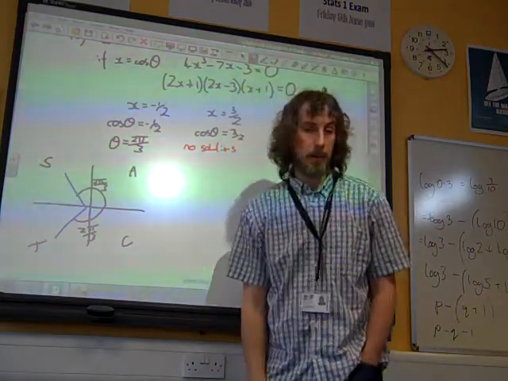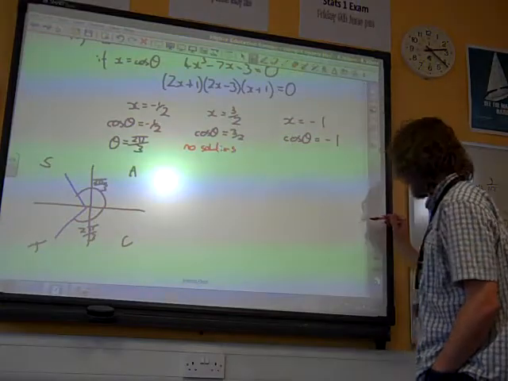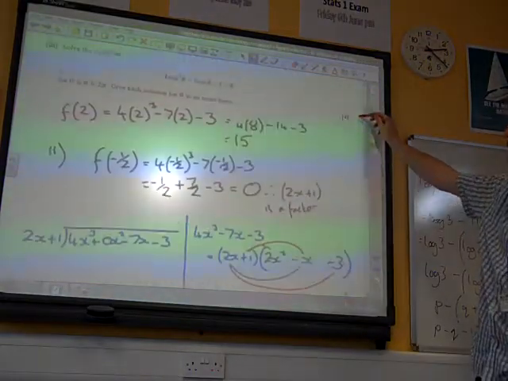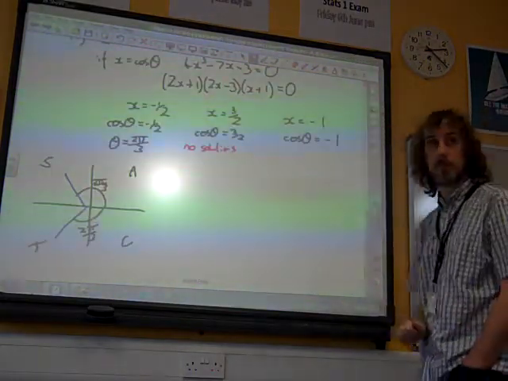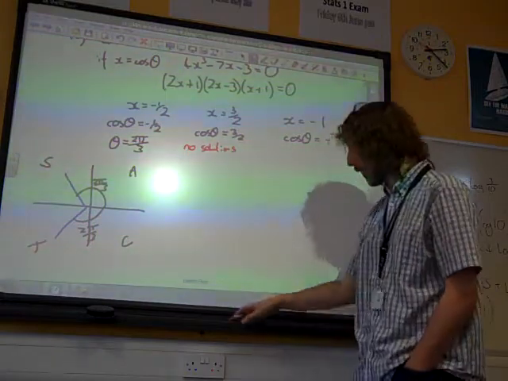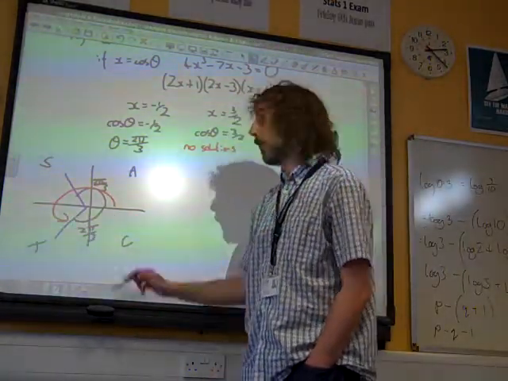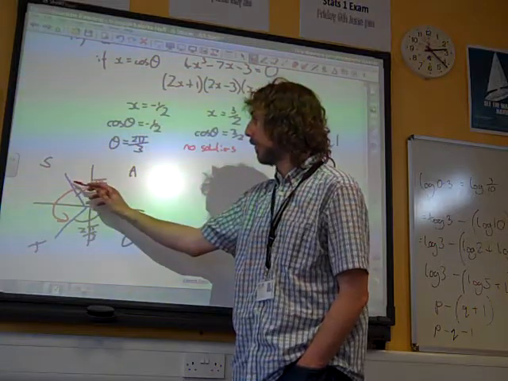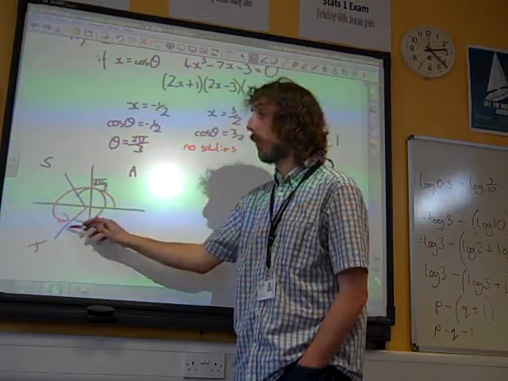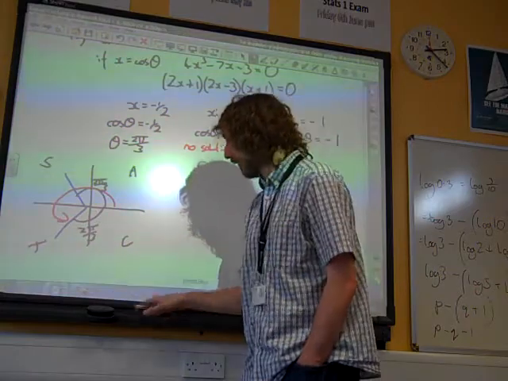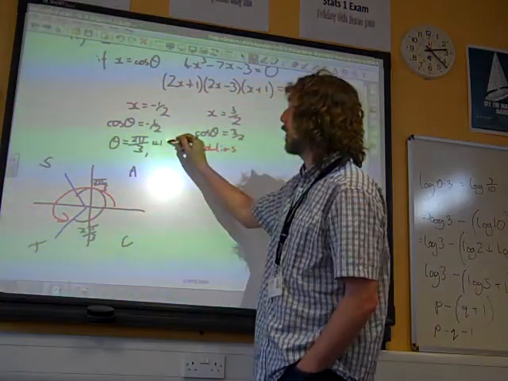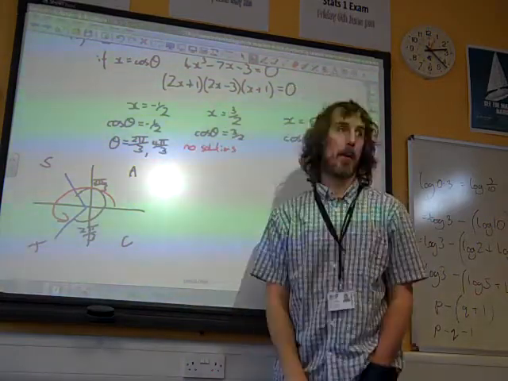We're supposed to be looking between 0 and 2 pi, I think it said. Yes, it did. So as we measure this round, we've got 2 pi by 3, and that angle would be 1, 2, 3, 4 pi by 3. So the second value is 4 pi by 3.